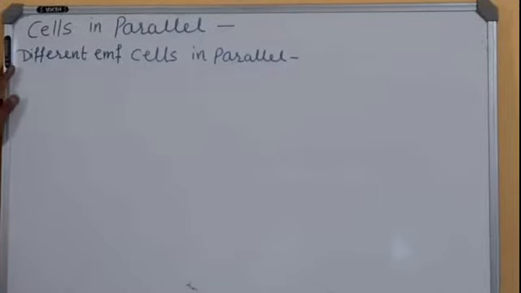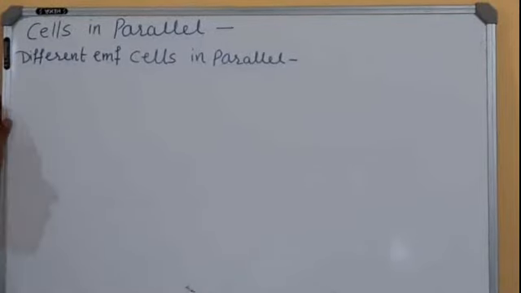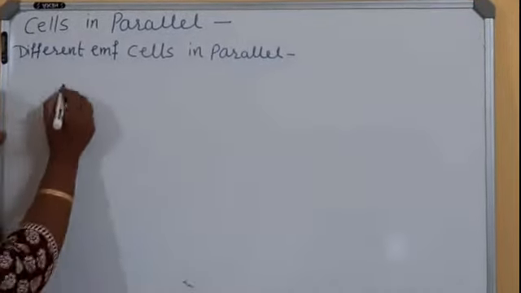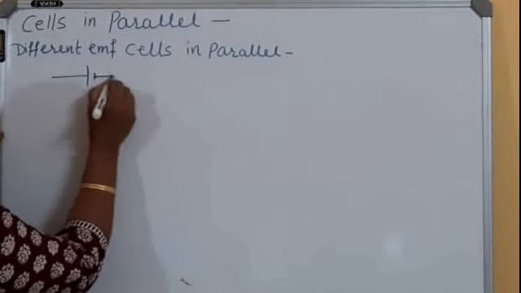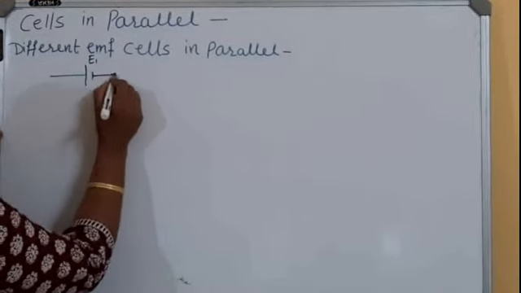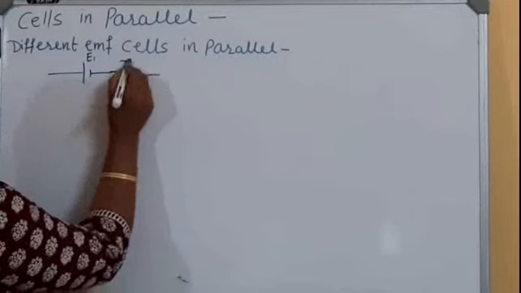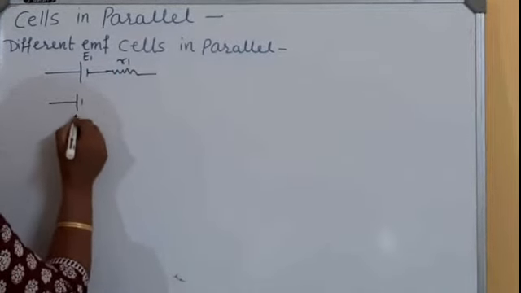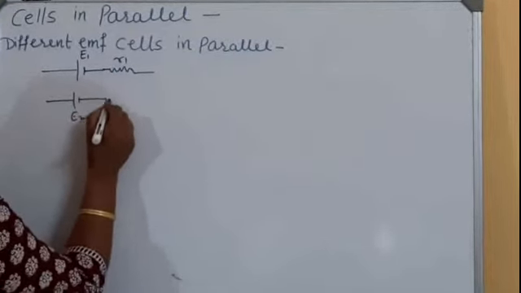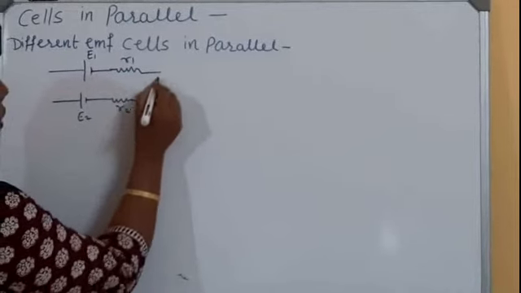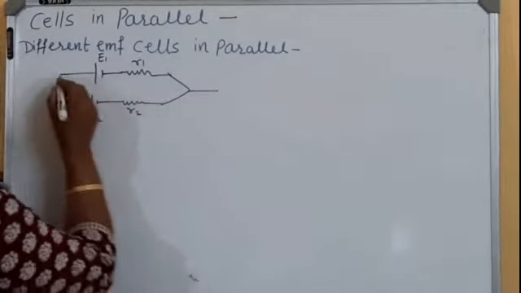Now we will see different EMF cells in parallel. So here we will take two cells. First of EMF E1, internal resistance r1, and second cell will take E2 EMF and internal resistance r2, connected in parallel.